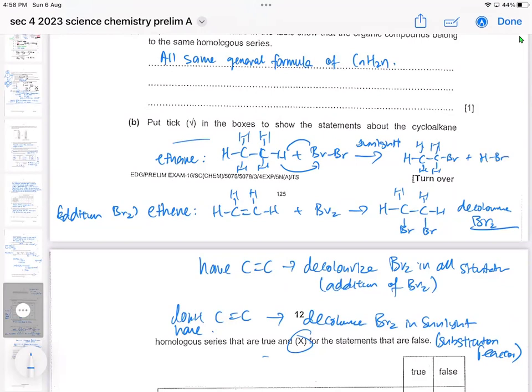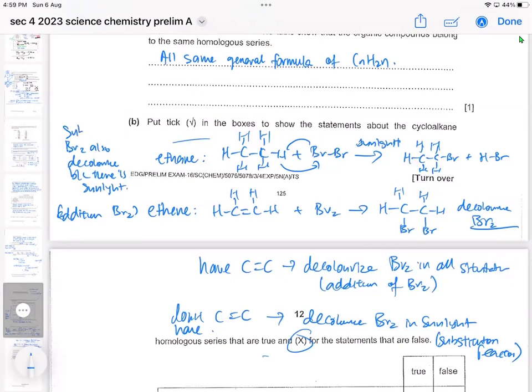Here, the bromine will also decolorize because there is sunlight. Under normal circumstances, only those with a CC double bond will decolorize. But if they give you sunlight, then substitution can occur. This reaction is not called addition, it is called substitution. So this is the difference between these two. If you have forgotten, please help me jot this down.